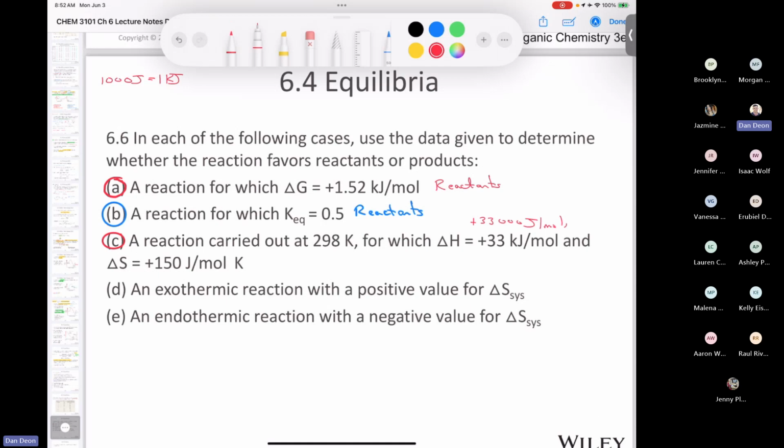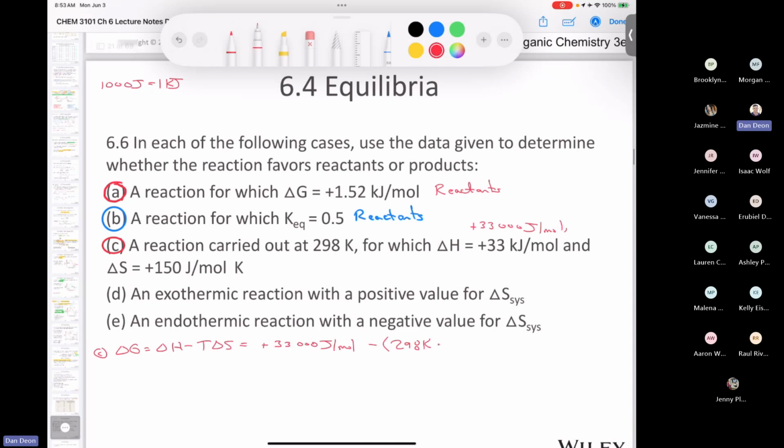And so what we'll do for C is we'll just calculate the delta G of the reaction, which is equal to delta H minus T delta S. So we've got positive 33,000 joules per mole, subtract 298 Kelvin multiplied by positive 150 joules per mole Kelvin.